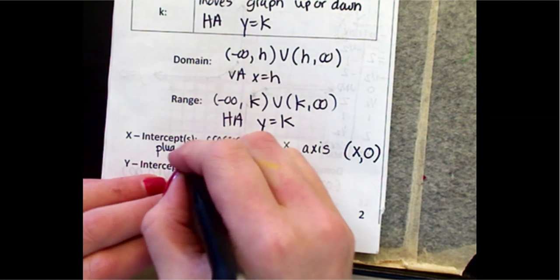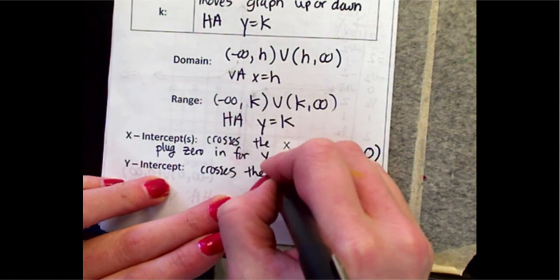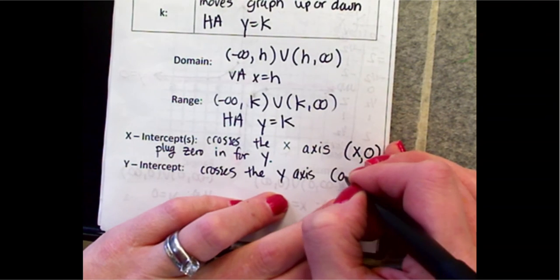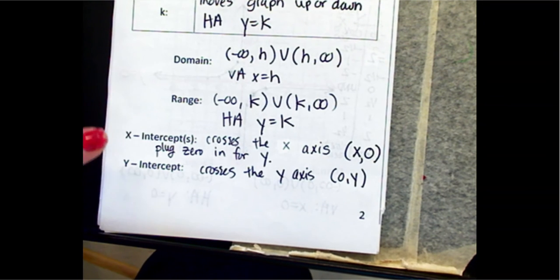Okay? Y-intercept crosses the y-axis. Okay? 0 comma y. This one's a little easier because notice that x-intercepts has a plural, right? I could have more than one of them, but y-intercept, singular.